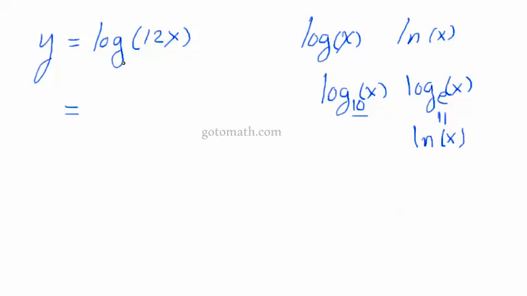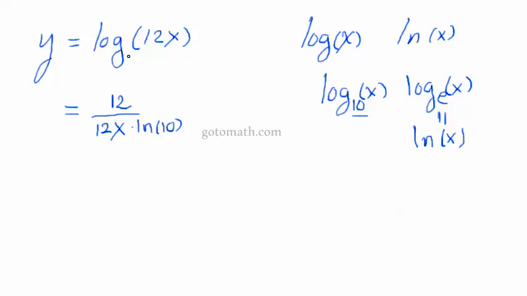Now we do the exact same thing as we did for the natural log. We take the derivative of this, and the derivative is 12, and then we rewrite. But guess what? We write something right here, and you know what it is? It's the natural log of 10.